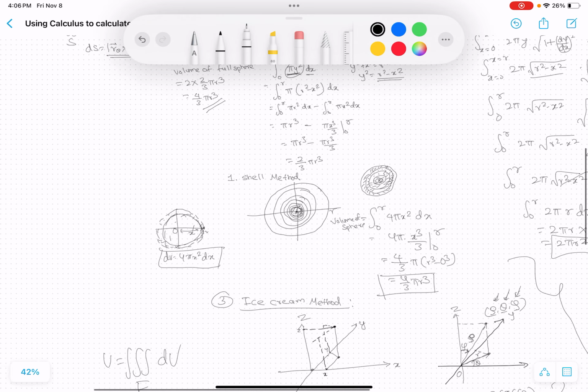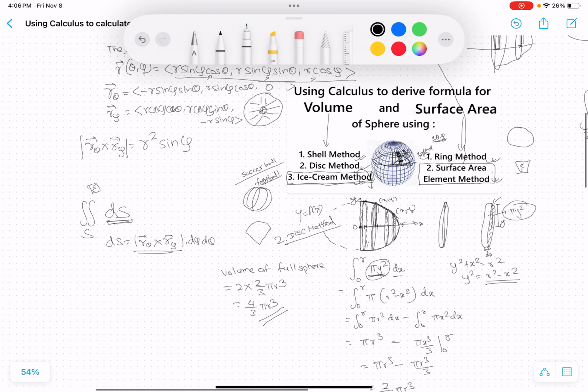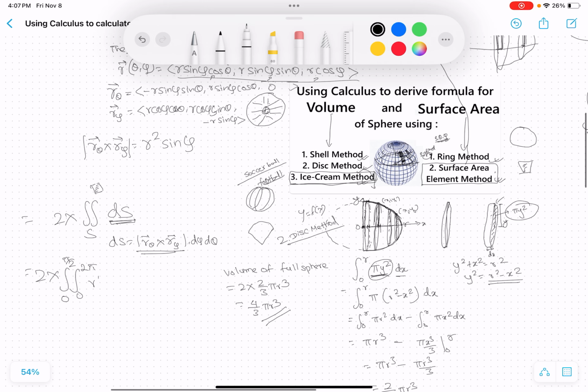Yeah. Now let's try to integrate. The total surface area will be 2 times the surface area of the upper half, right? The domain will be phi going from 0 to pi by 2, theta going from 0 to 2 pi, and this cross product is just r squared sine phi times d phi d theta, right?